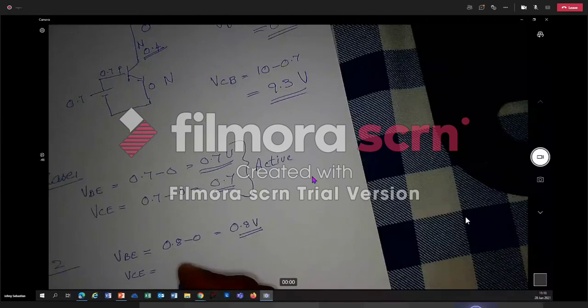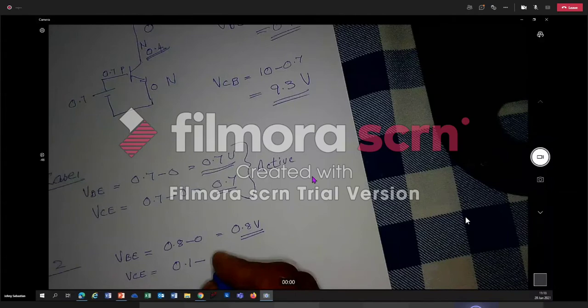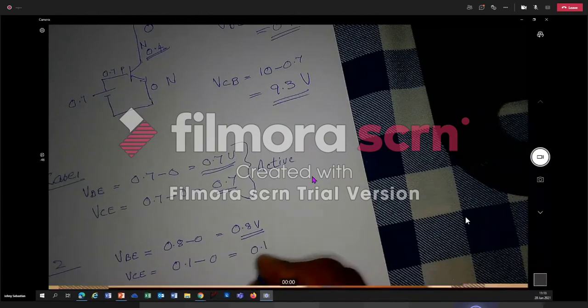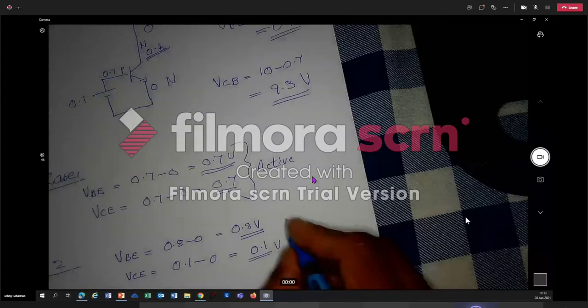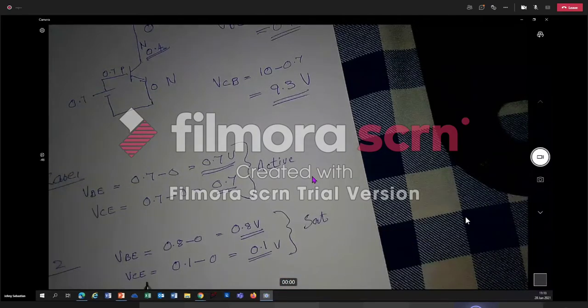Voltage at the collector is 0.1 minus voltage at the emitter 0, 0.1 volt. Certainly, this is in saturation. Why? Your VCE is less than 0.2.